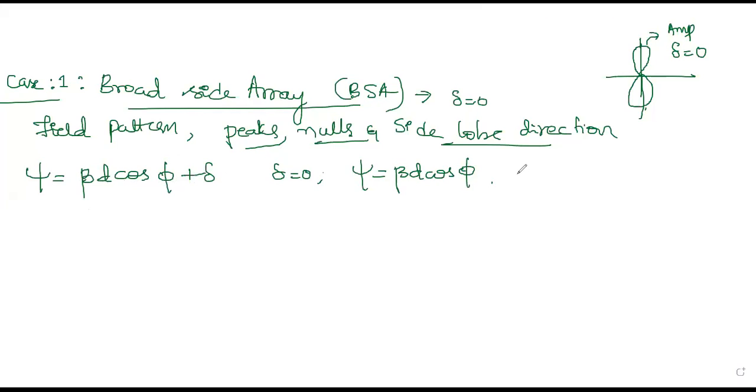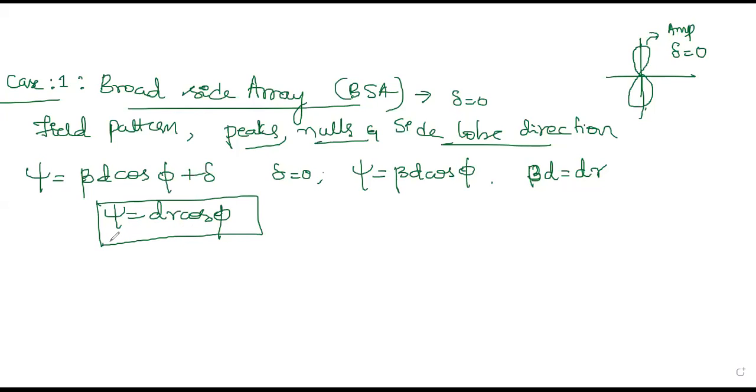And here, in case of non-isotropic sources, whenever you have beta d, consider that as dr, just to make sure that you will not confuse with your case 1 and case 2. So beta d will take the form dr, and your xi will have the value dr cos phi. This is the general equation of phase angle in case of non-isotropic array.